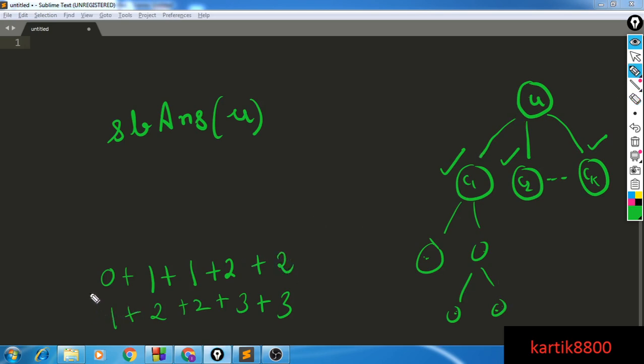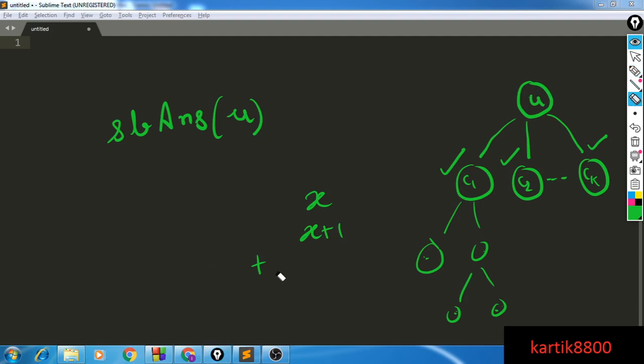So the thing you can notice here is that all the nodes that were at a distance of x from C1 are at a distance of x plus 1 from U. This is very obvious because the distance from C1 to the nodes remains x. The only difference is that now, going from U to that node, first you have to travel this particular edge, and that is why 1 is getting added.